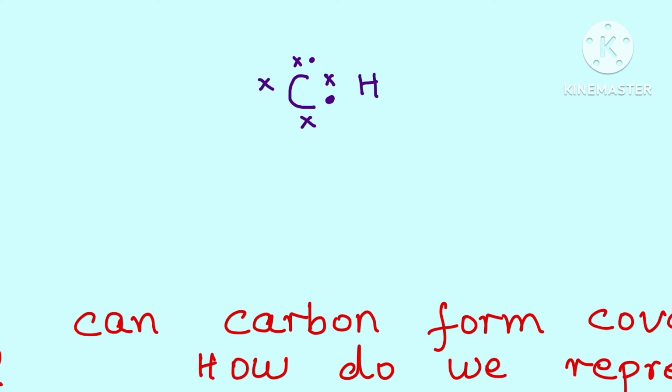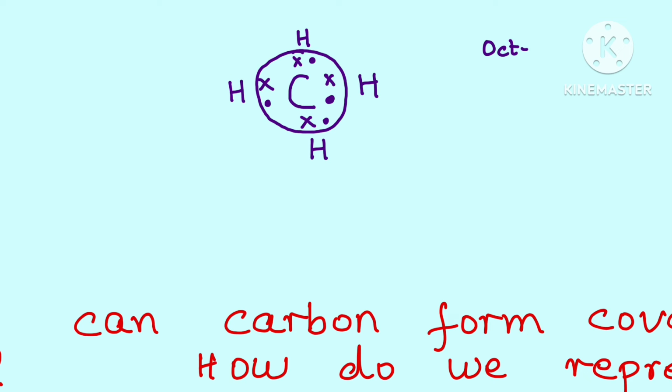It shares 1 electron with the other hydrogen. Each one of them is bringing one electron with them. Now look at the beauty of this. Carbon overall has now got 8 electrons, and that is what we wanted.